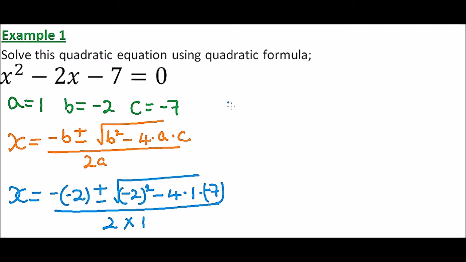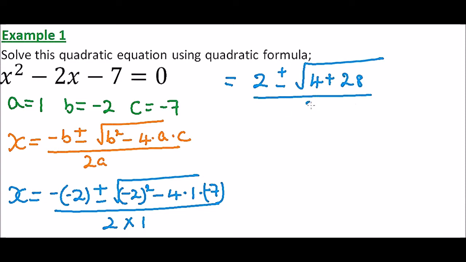Now we can solve this by saying our x is equal to minus minus 2, which gives us 2, plus or minus the square root of minus 2 squared, which is 4. Here we have minus 7, and here we have minus 4. So minus and minus change to positive, so we have plus 28. All this is divided by 2.